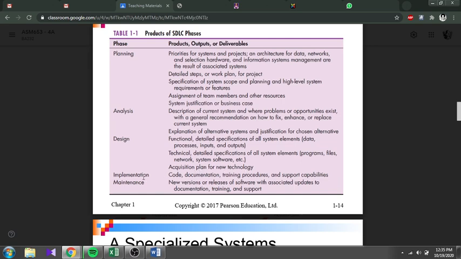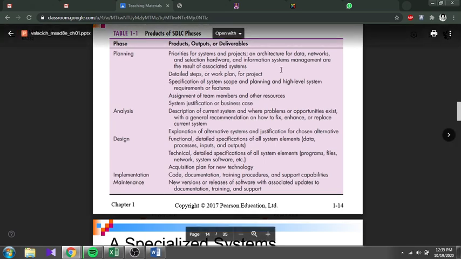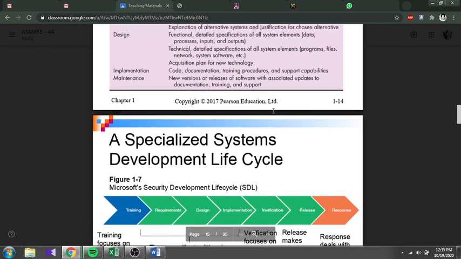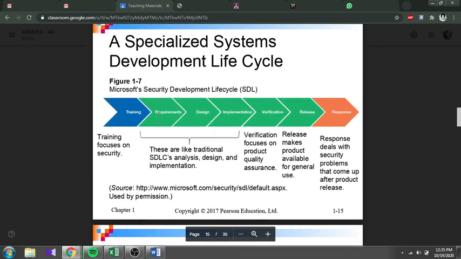For the implementation, of course, the code, documentation, training procedure and support capabilities. And the last one, maintenance, is a new version or update patch to be included to ensure that the system runs smoothly in the organization.